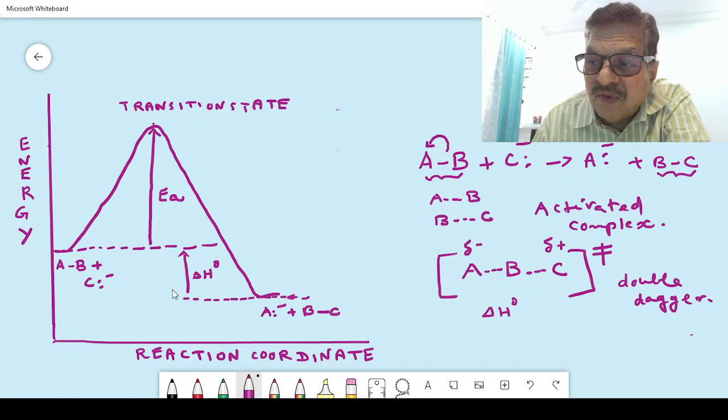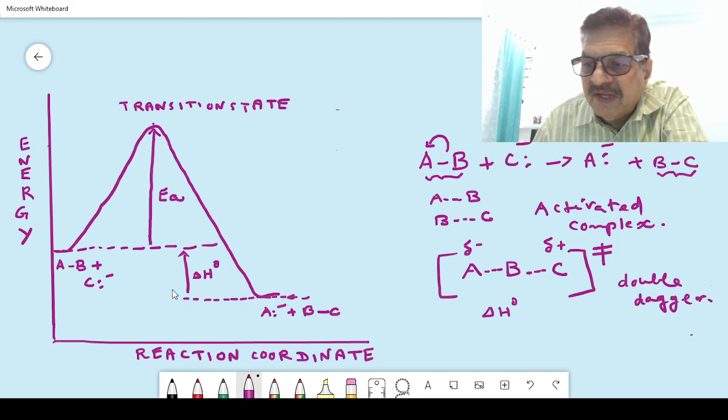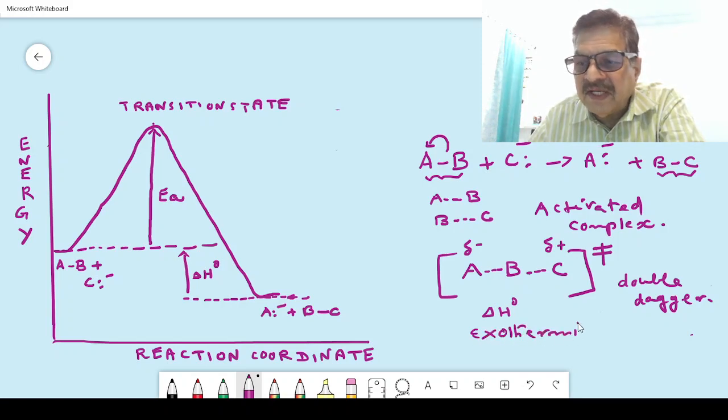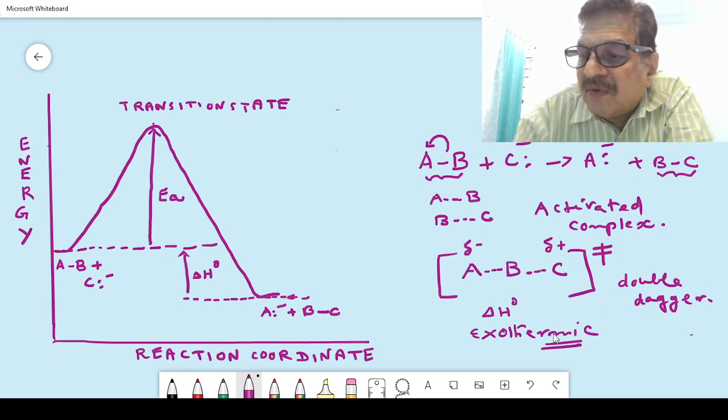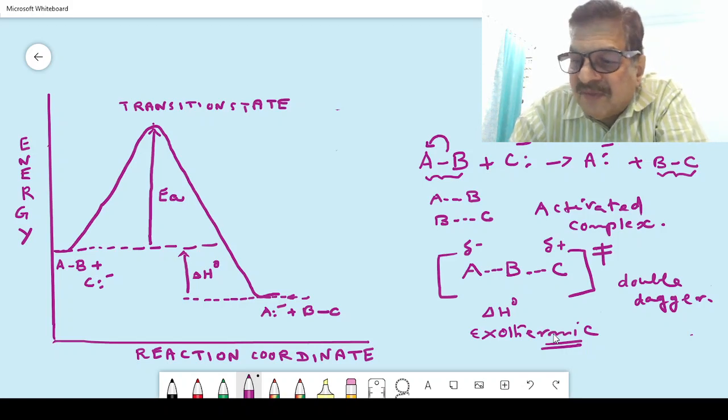Now the products are at a lower energy than the reactants. Therefore, the reaction is exothermic, and energy is released. The reaction is exothermic because the products are at a lower energy compared to the reactants.